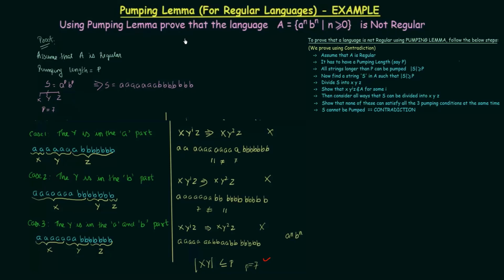So condition number 1 and condition number 3 have fallen. Condition number 2 was accepted, but it cannot be pumped, since all three have to be satisfied. So that was the proof.